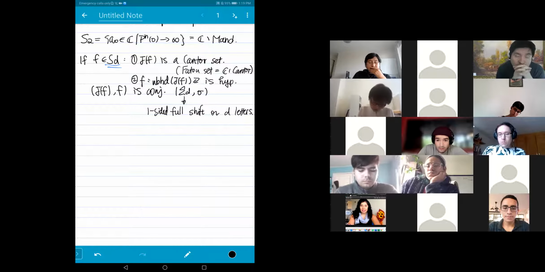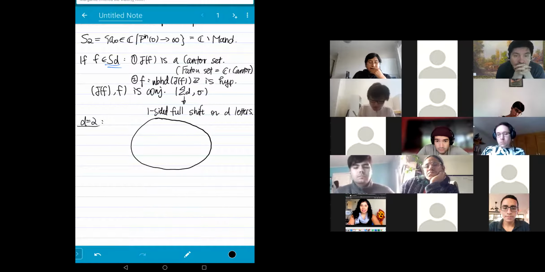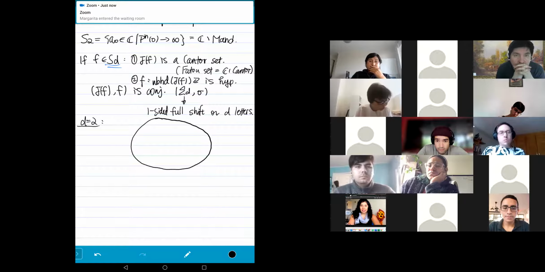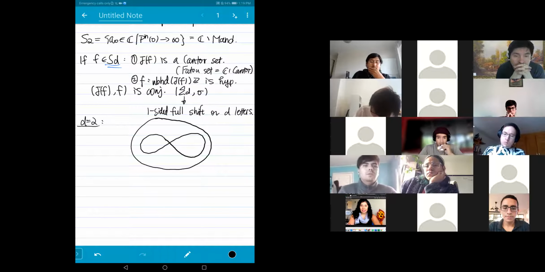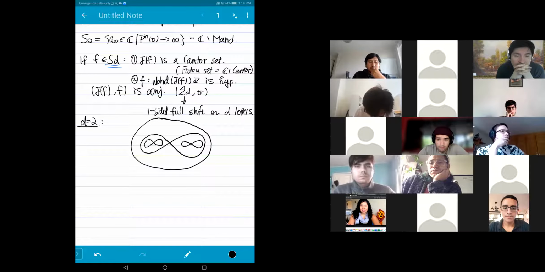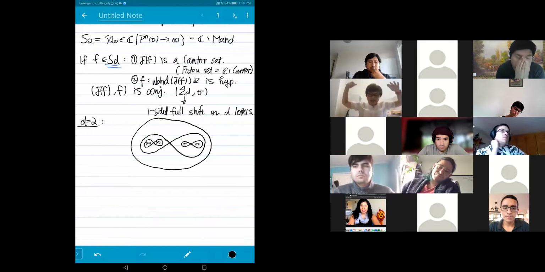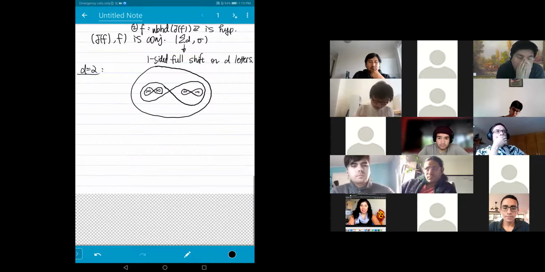Okay, so I will draw you a picture for the case when d equals 2. So basically, suppose this is a neighborhood of the Julia set, and your surface, or your Markov partition for experts, will look like something like this. And for each circle, you will have a figure 8, right? And you can imagine the Julia set is sitting in the limit, right? So the Julia set is a Cantor set.